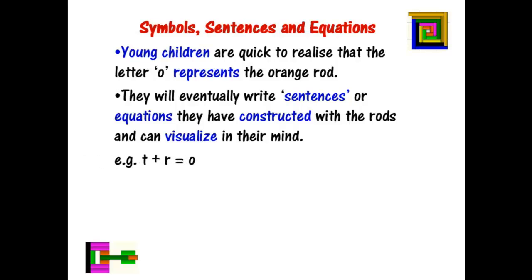For example, T plus R equals O. Or the children will visualize that in their minds as the tan rod plus the red rod equals the orange rod. They won't actually be using those terms initially. They'll just think that when I put a tan rod next to a red rod, it'll be the same length as an orange rod.